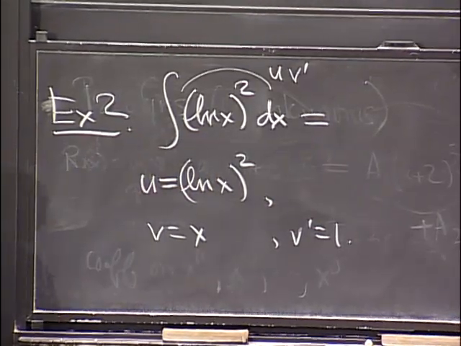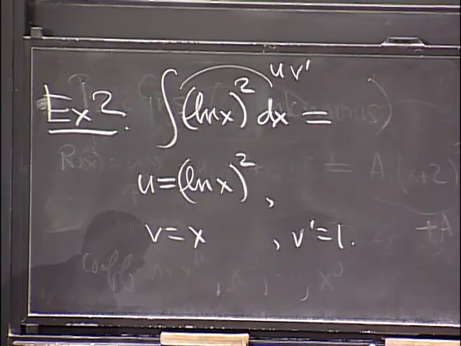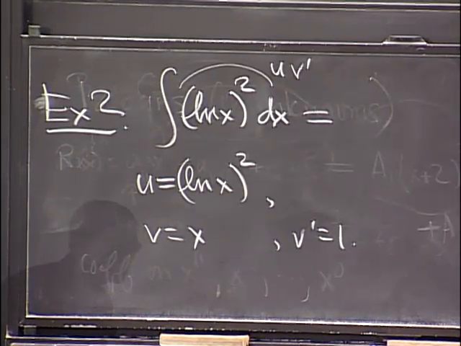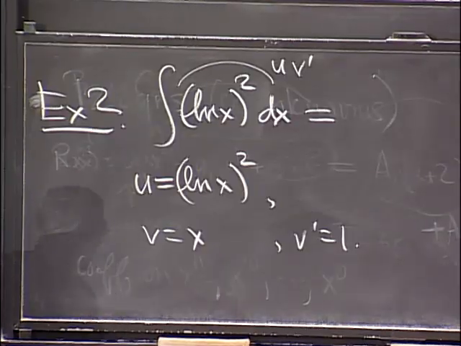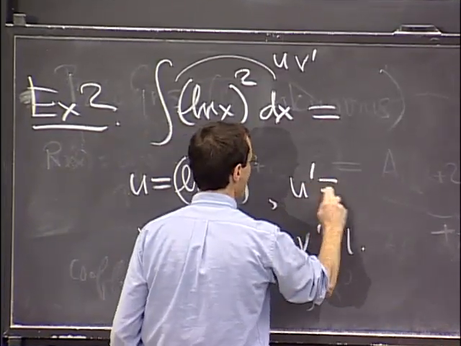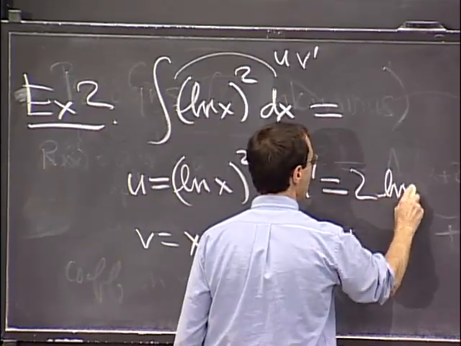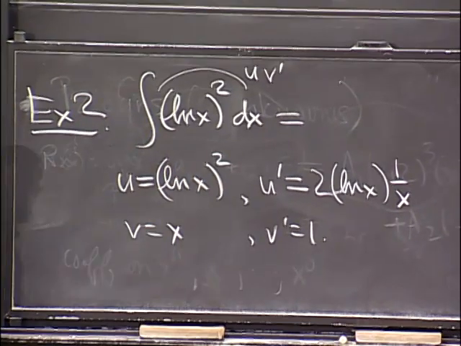Now, the gain that we get is that when I differentiate the logarithm squared, I'm going to get something simpler. It's not going to win us the whole battle, but it will get us started. So here we get u prime, and that's 2 log x times 1 over x, applying the chain rule.